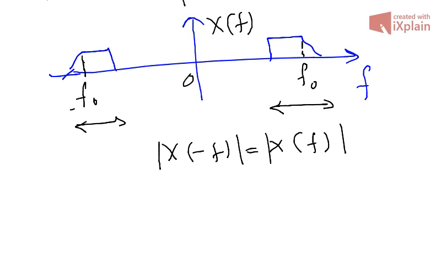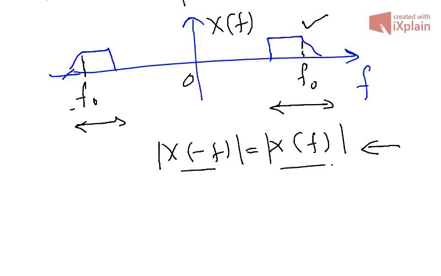So we have x of f, which is a real signal. You can observe this to be a real signal. If you take the magnitude response of this mirror image, or you take the magnitude response of this one, you get the same magnitude response, which can be seen from this figure as well.